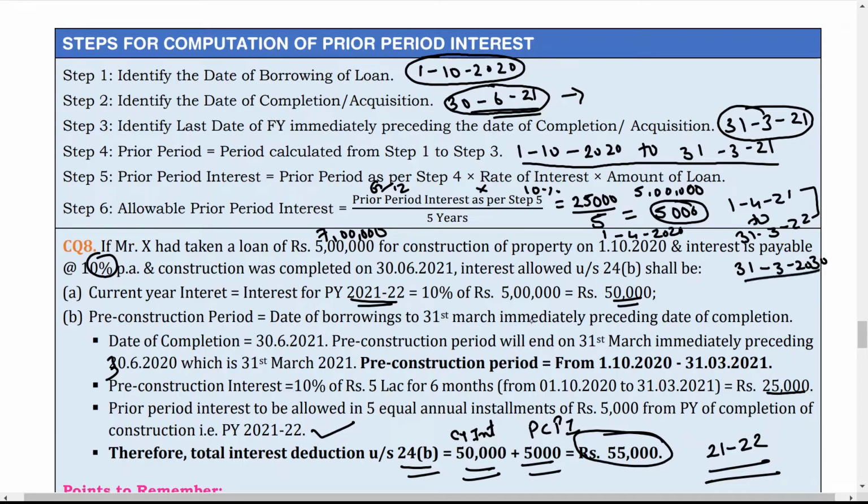And the last installment of the loan is repaid on 31st March 2030. In that case you have to find out the total interest under section 24 which is available as a deduction in 2021-22. You have to do that yourself, and you can write down the answer in the comment box so I can reply whether it is right or wrong.